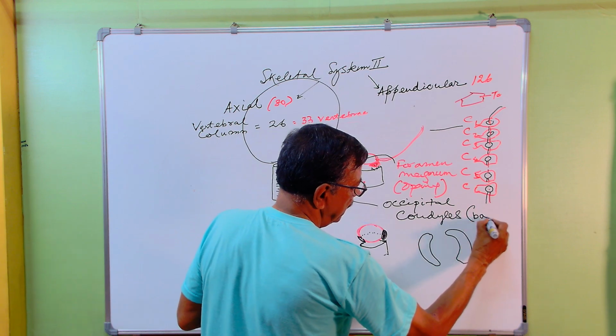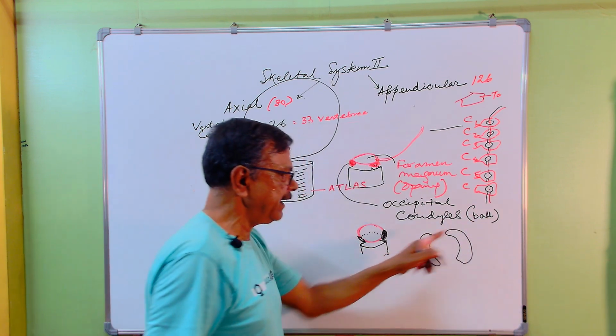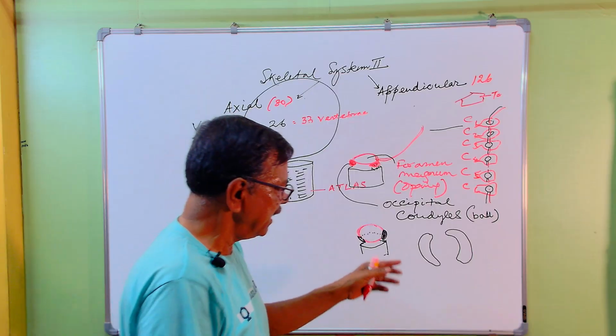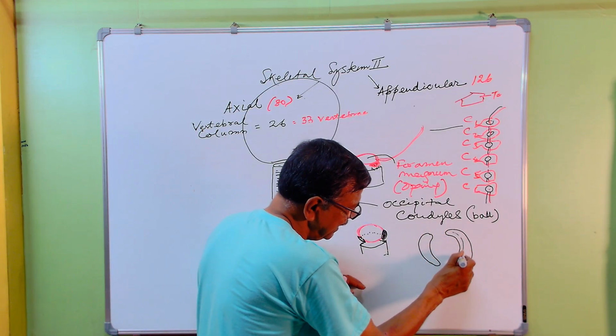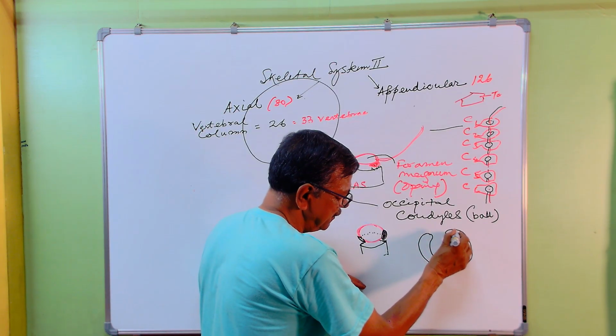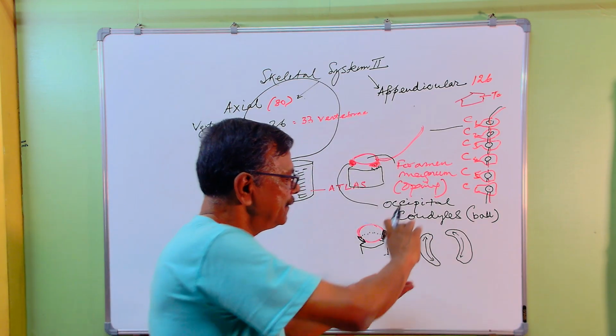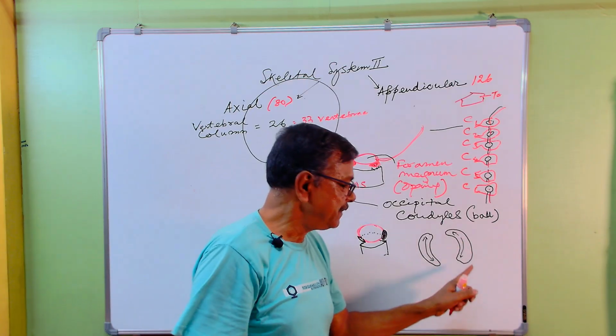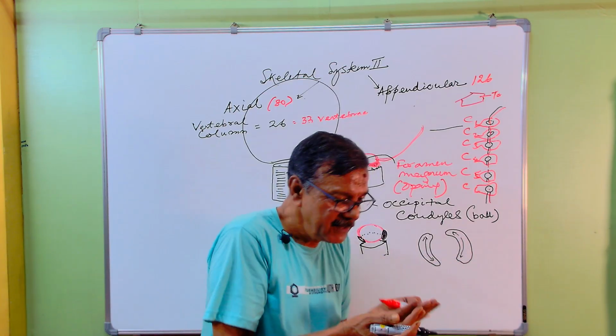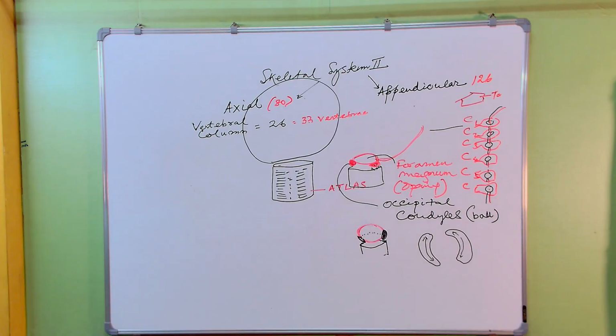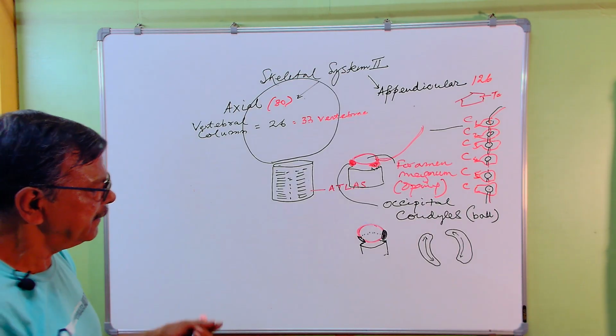Write it in the exam, do not write ball. It is a ball-like structure which moves here, up to this and up to this. So it is the arrangement, and these two ditches are known as superior articular facets.